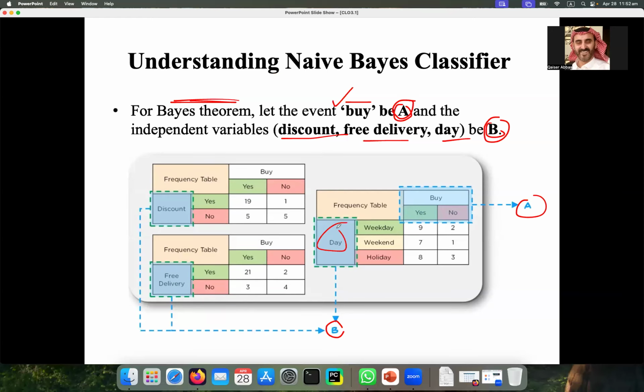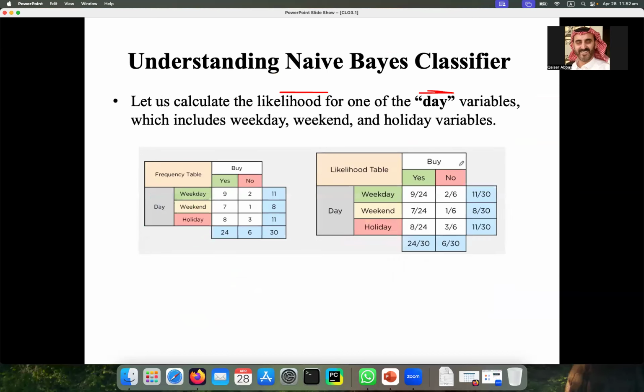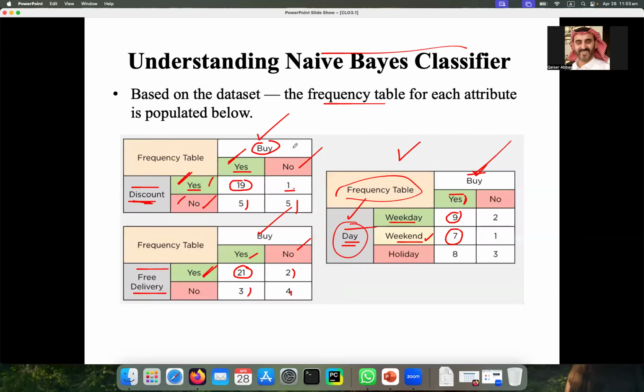This is the frequency table for the day and buy. So we are going to calculate the likelihood for the day table now. This is day, weekday, weekend, buy. So what do you have to do? First, what is the frequency table? This was the frequency table.